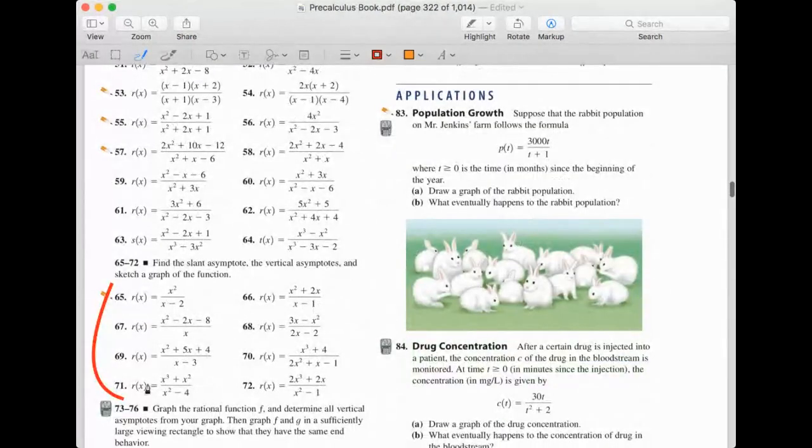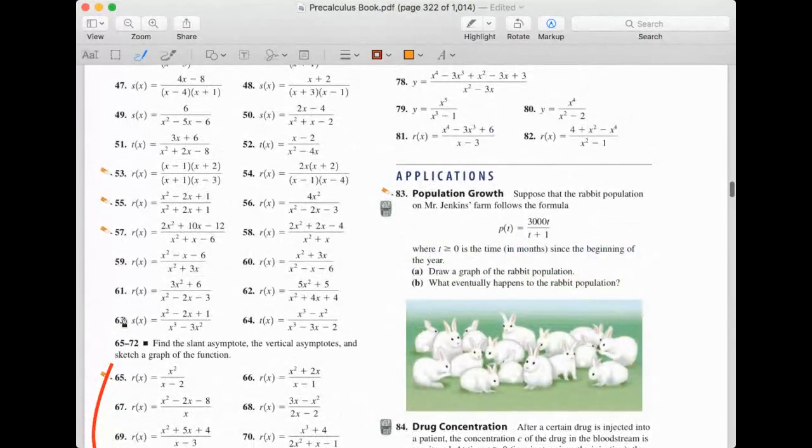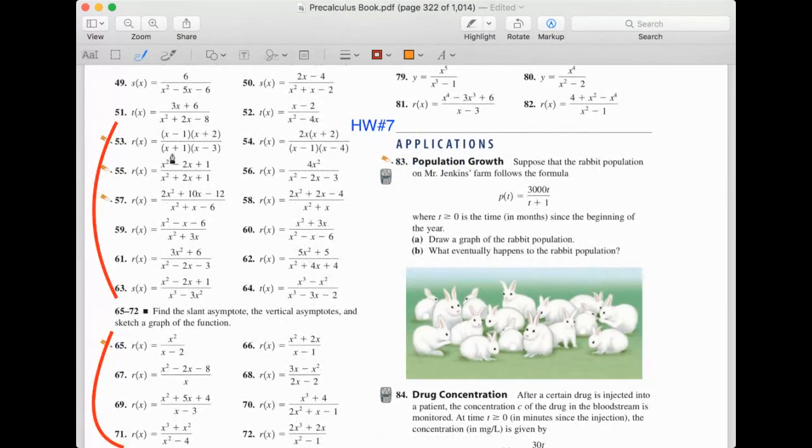Okay, let's do these 6. Okay, great. So this will be new homework, homework 7.